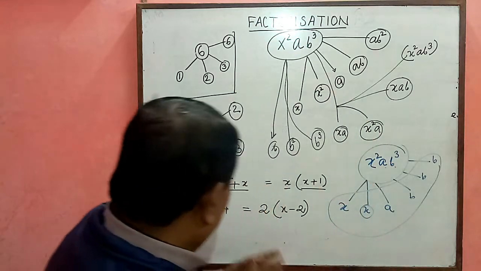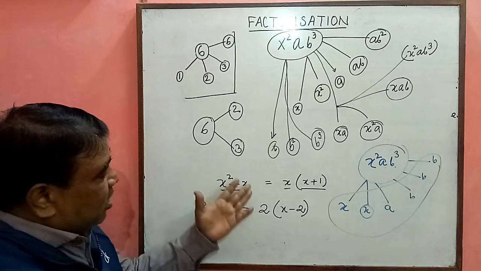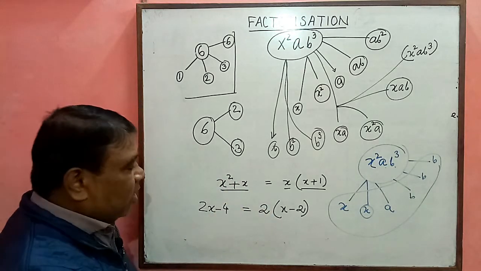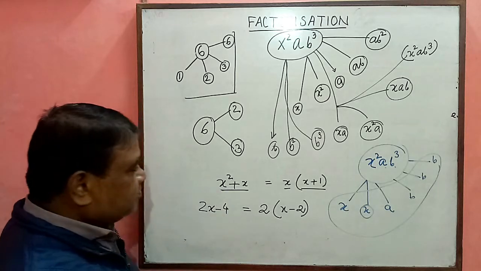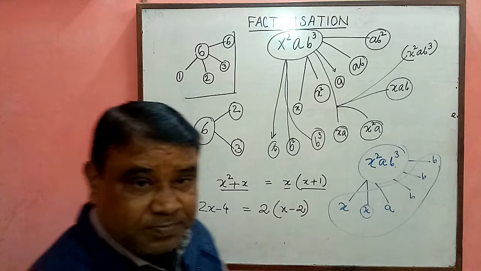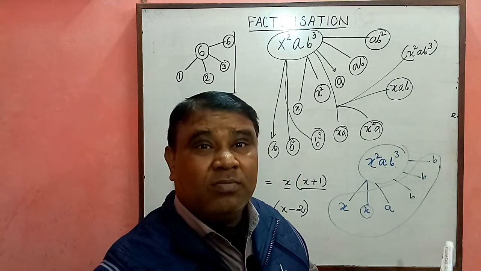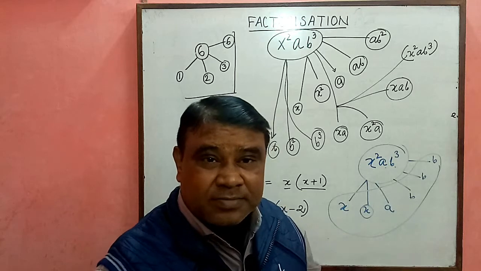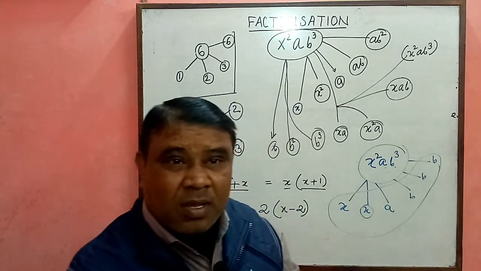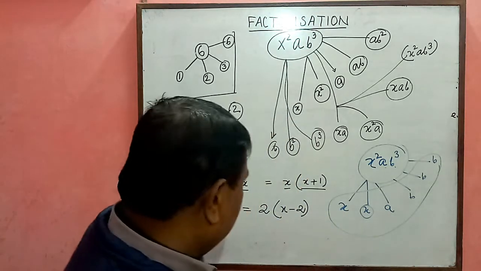But here, if I am considering this x square plus x, a binomial of degree 2, how will I factorize this one? In algebra, to create a bracket is our main motto for the factorization.